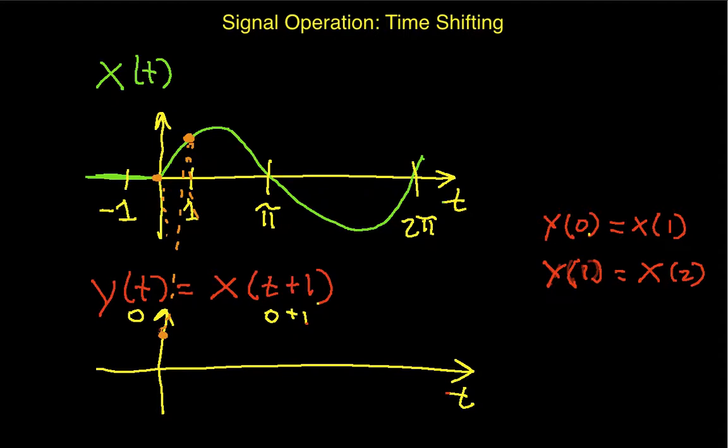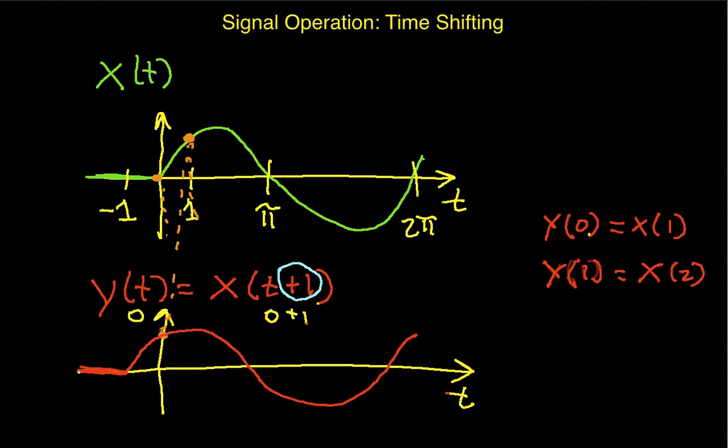And so when you go through this whole exercise, you will get something that looks like this, where now you've taken the whole x of t and you've shifted it 1 unit to the left. So in this case, a plus 1 shifts it 1 unit to the left.